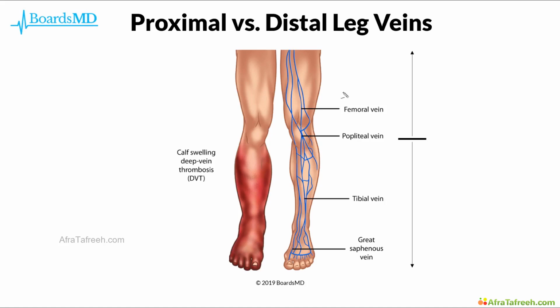And therefore, in our discussion of the veins of the leg, and in our management of patients with DVT, it is important to distinguish those veins which lie above the popliteal vein and those which lie below the popliteal vein. As we will see in a moment, this distinction in terms of those veins that lie above the knee and below the knee can make a significant difference in terms of our management and whether we decide to anticoagulate our particular patient.